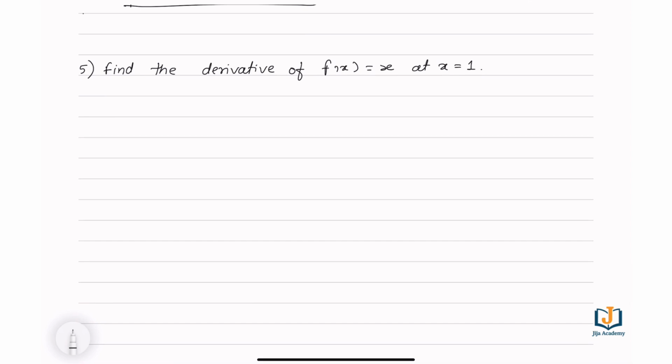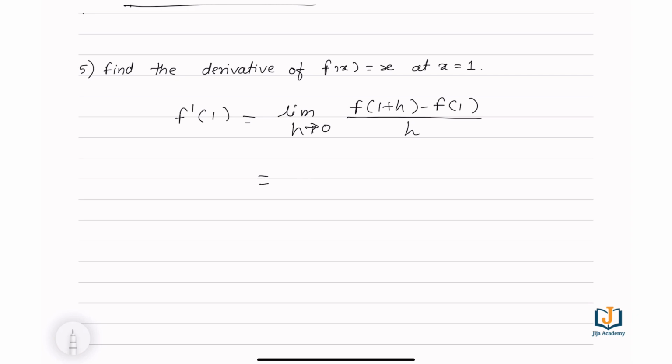at x is equal to 1. So here derivative at 1 is equal to limit h tends to 0, f of 1 plus h minus f of 1 divided by h.